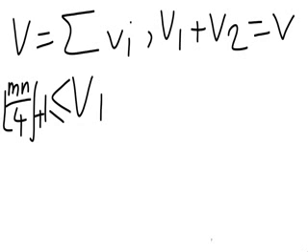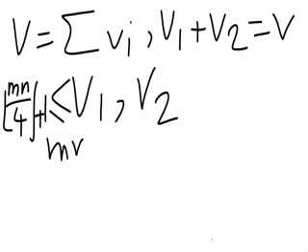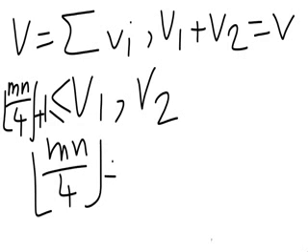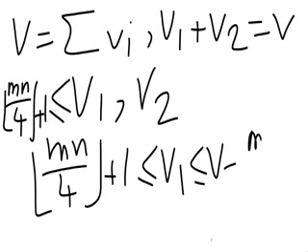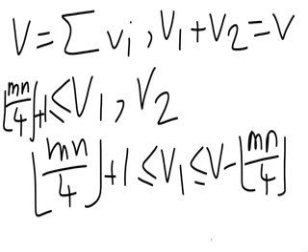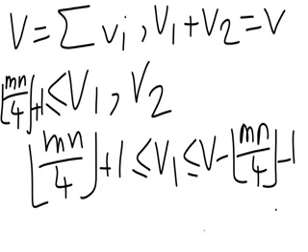The same thing should go for V2, and I know that this V2 here is V minus V1 because of the way that we defined it. So now we can put these two relations together and come up with this relation. So this is the necessary and sufficient condition that we need for this partition to work for us.